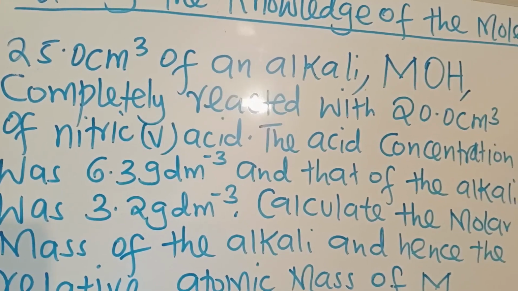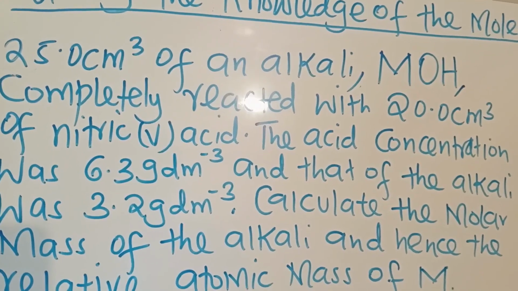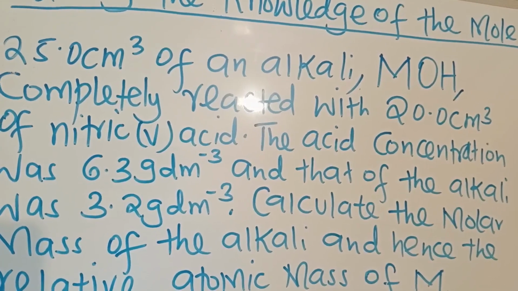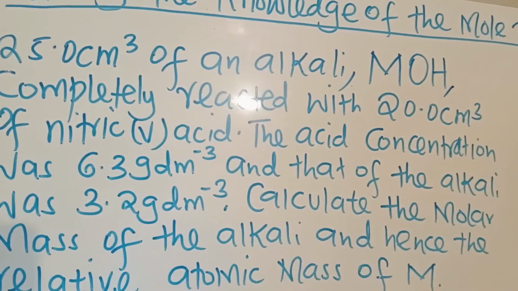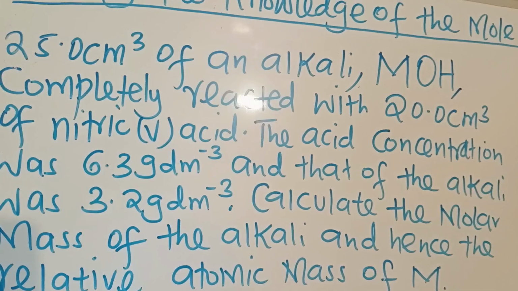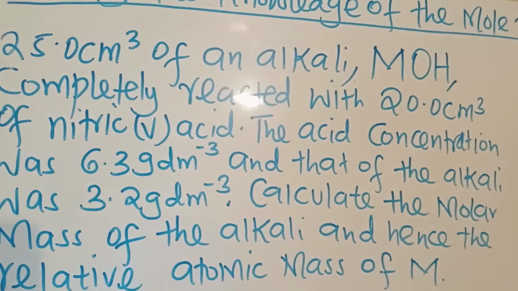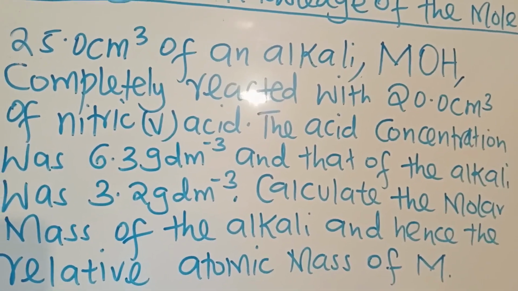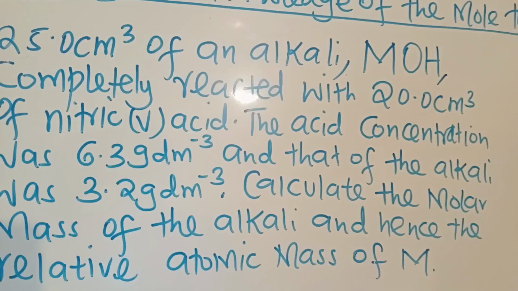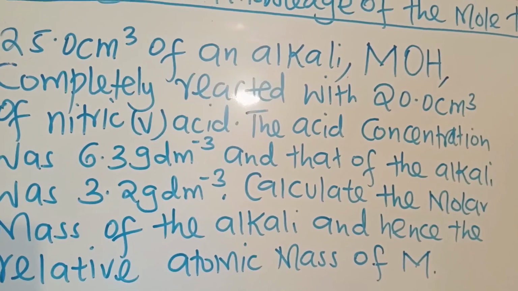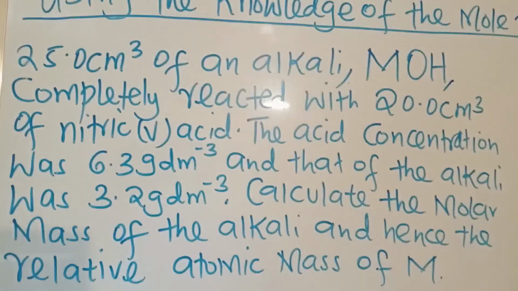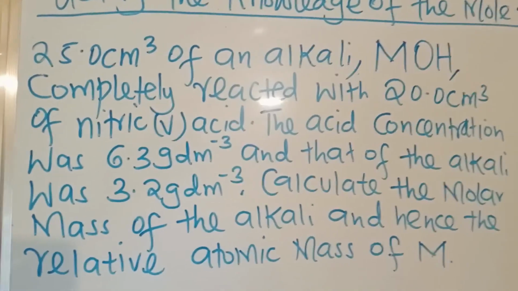Per dm cubed also means per liter, as 1 dm cubed is also the same as 1 liter. And that of the alkali was 3.2 gram per dm cubed. Full stop. Calculate the molar mass of the alkali. The molar mass in this case is the R.F.M of the alkali, and hence the relative atomic mass of M. So that is the question. Copy it.